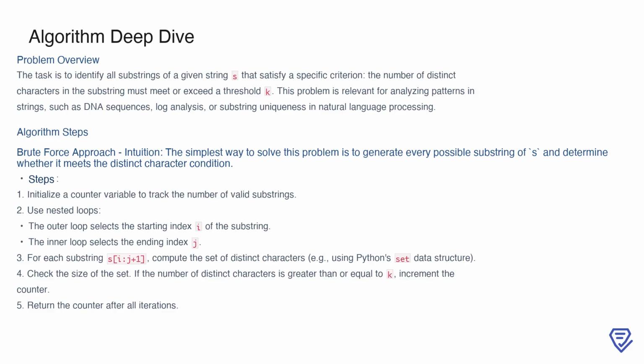For each substring, we calculate the number of distinct characters, often using a set since it automatically eliminates duplicates. If the size of the set meets or exceeds k, we increment our counter. Finally, after all iterations, we return the count. While this approach is intuitive, it becomes computationally expensive as the string length increases, making it important to explore optimizations.